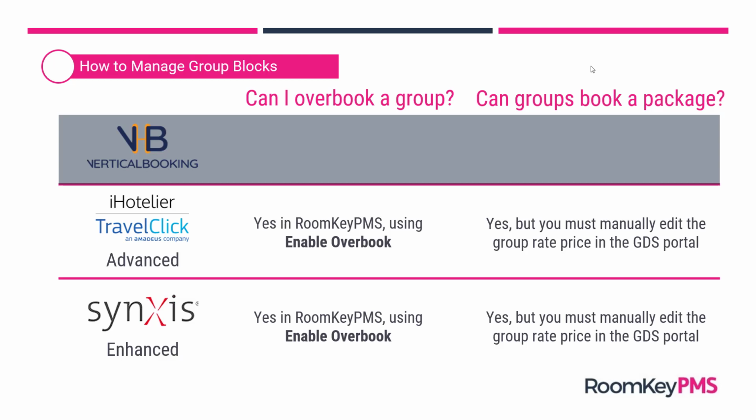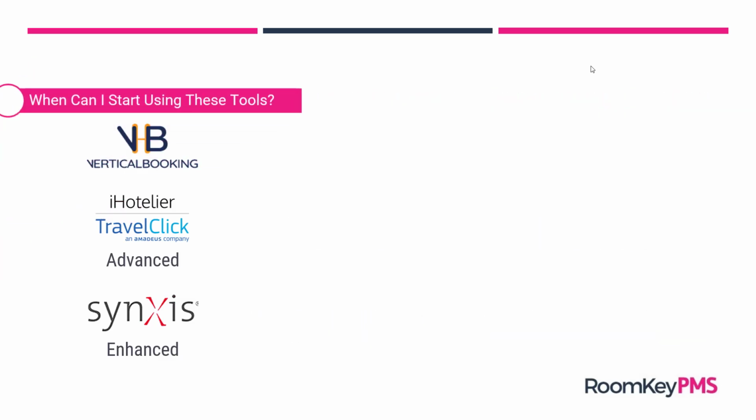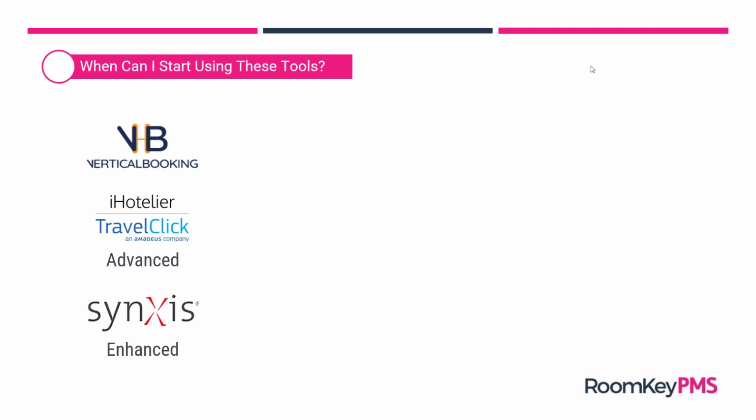So quite a bit of information for us today. I know that this might be a bit overwhelming, especially if you're brand new to any of these connectivity partners. You may be wondering when you can start using these tools. If you are brand new to RoomKey or brand new to one of these connectivity partners, you can certainly get started now.